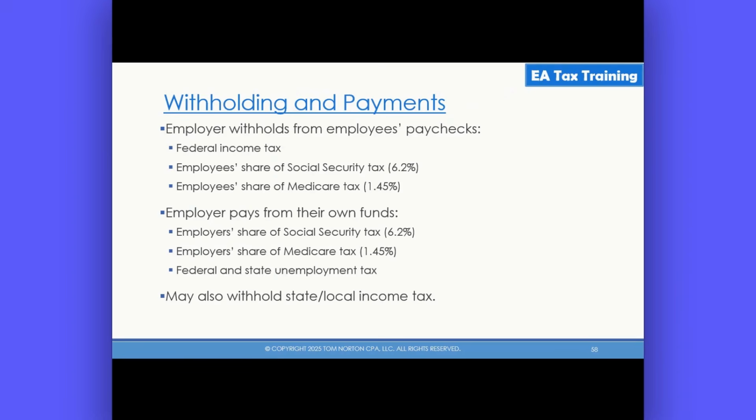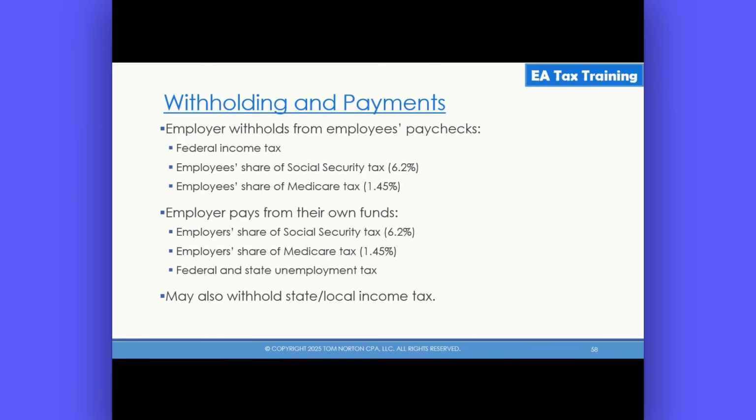In addition to that, as the employer, there are certain amounts you have to pay from your own funds. So you have to pay the employer's share of Social Security and Medicare, which is 7.65%. So you're going to be withholding from the employee 7.65% for Social Security and Medicare.